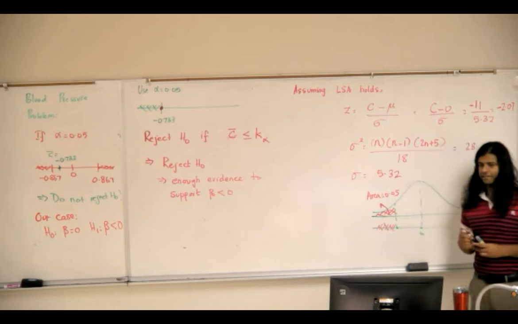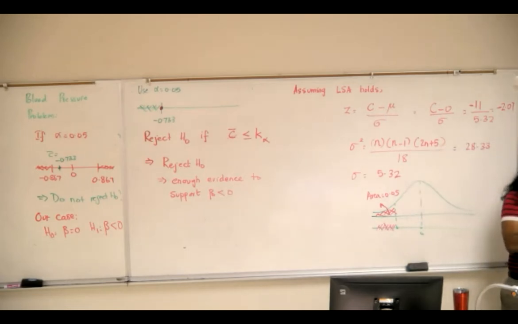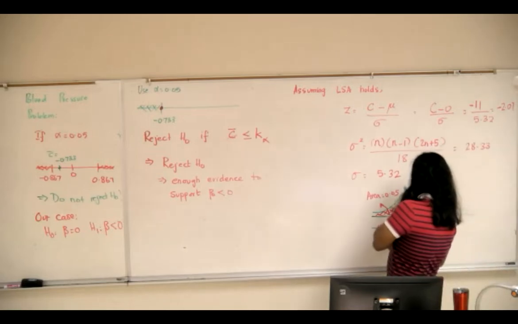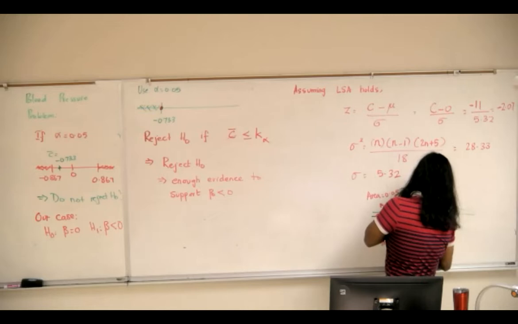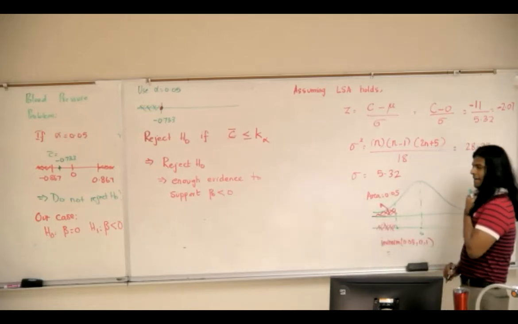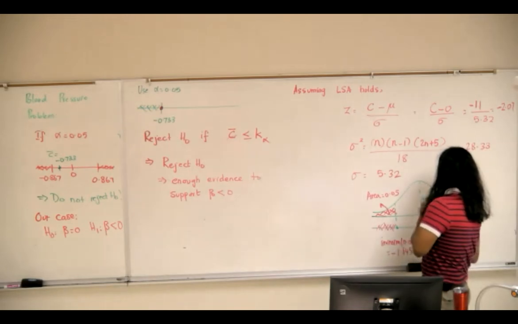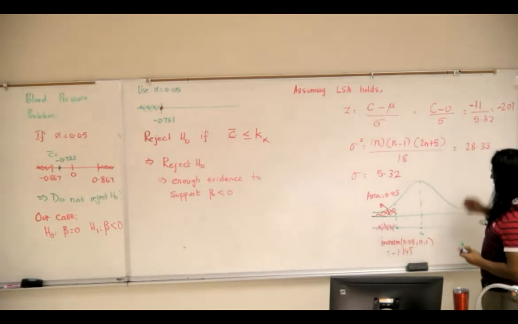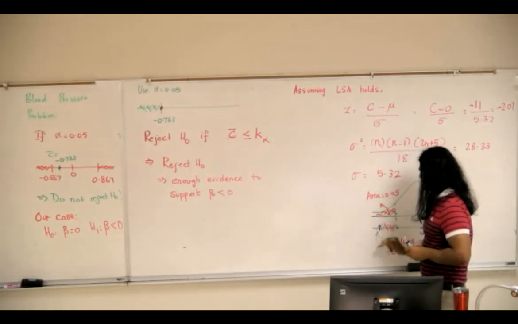How do we find that critical value for the large sample approximation? Use the calculator, inverse norm. And what do we get? Negative 1.645. Negative 2.07. It's right there.